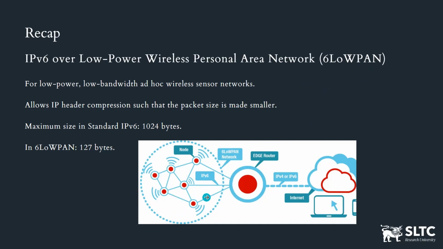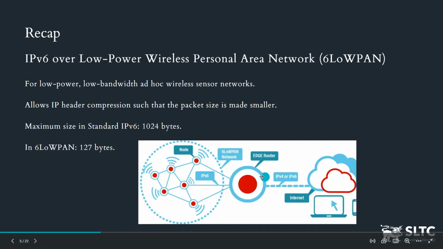In the 6LoWPAN protocol, apart from using the IPv6 protocol, they are also reducing the header length of the IPv6 packet in order to reduce the packet length, which makes it a lightweight packet that will be forwarded in the constrained environment. Therefore, it is proposed for IoT and IoT constrained environments.